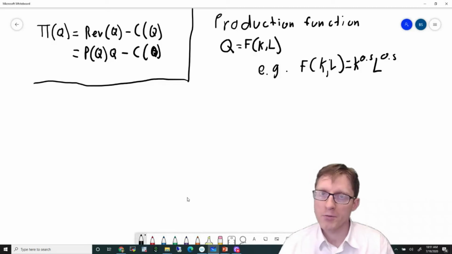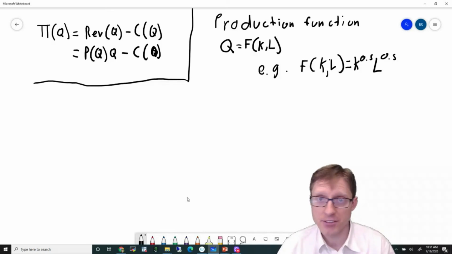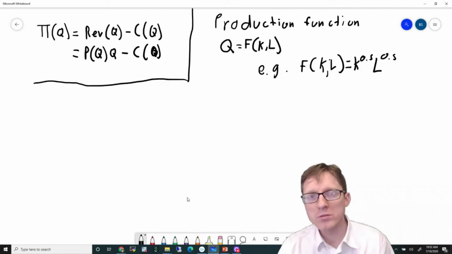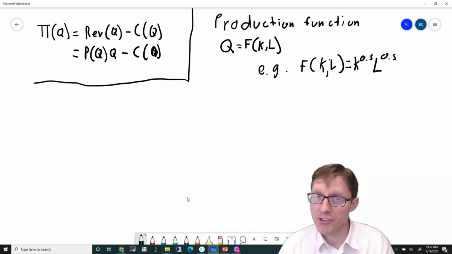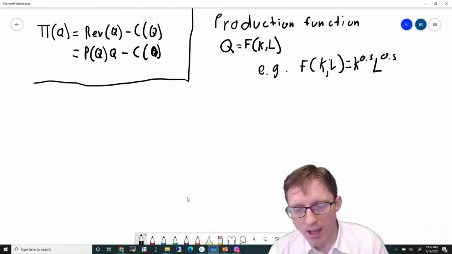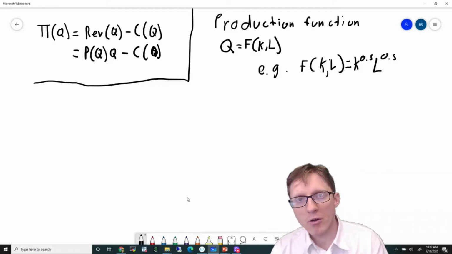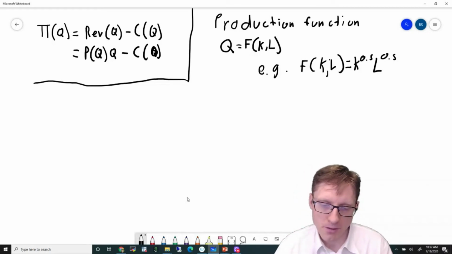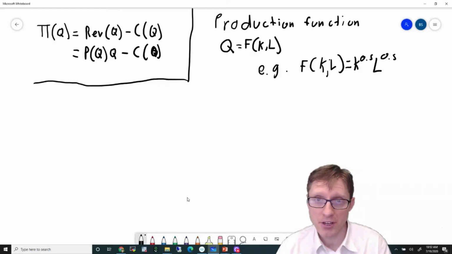So in the short run, we typically assume that capital is fixed. It's whatever level you set it at before, and the only input that you can actually adjust is the amount of labor used. In the long run, we're going to assume that both capital and labor can be adjusted, and so you're going to have to think about what is the optimal combination of the two to produce the good at lowest cost.